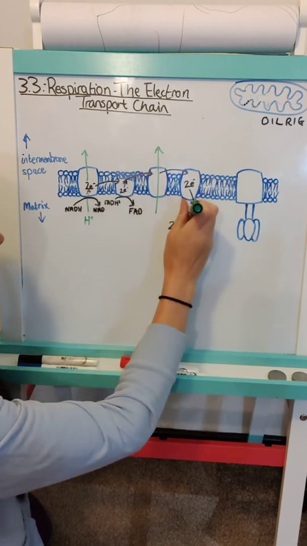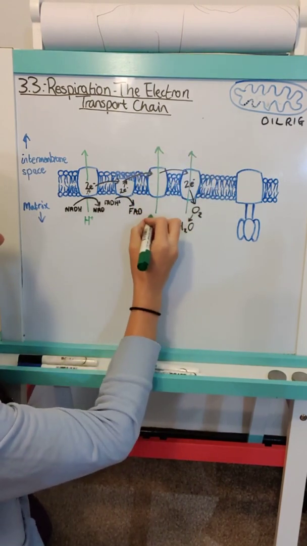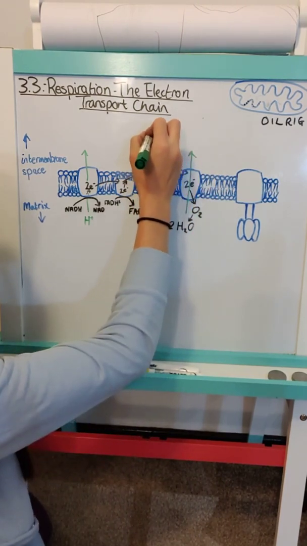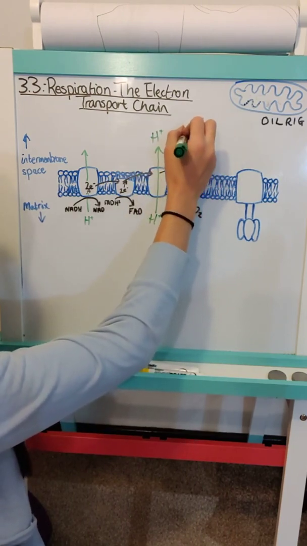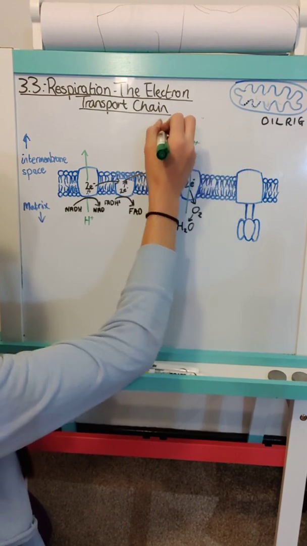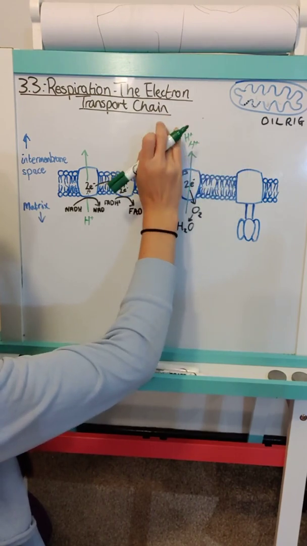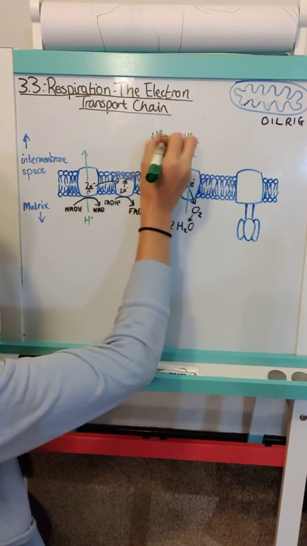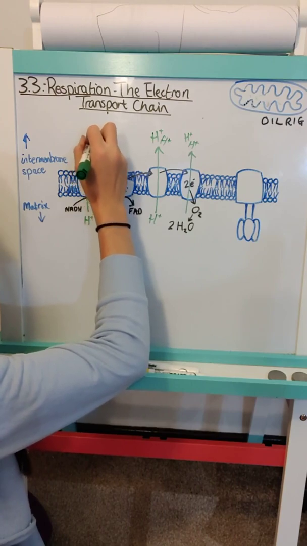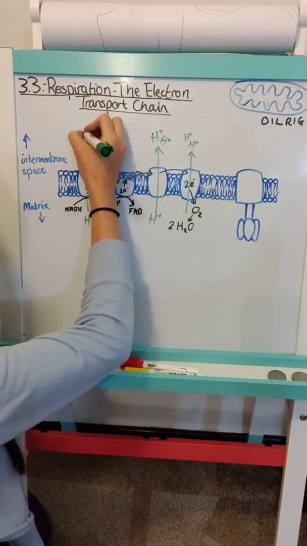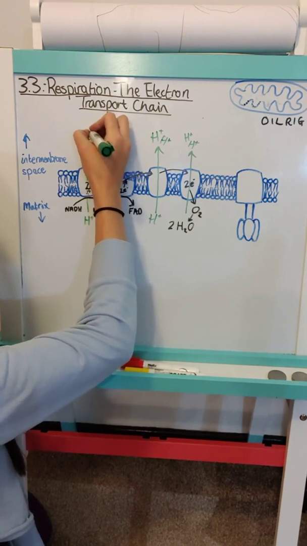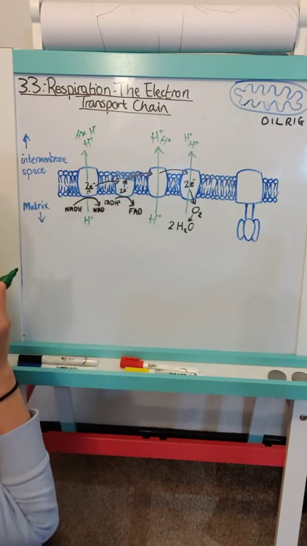So the hydrogen ions, these protons, are being pumped through, and they're only pumped through as the electrons pass through each of those complexes, those proton pumps. So you have to get used to calling these complexes, but also calling them proton pumps as well, because that's their main role here.